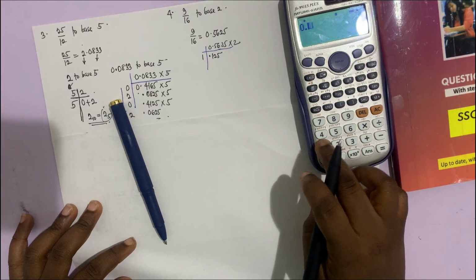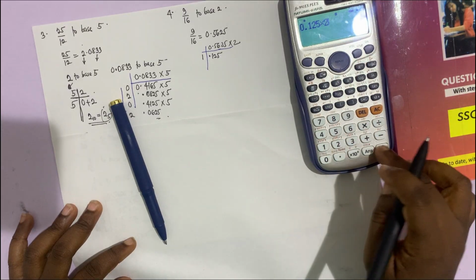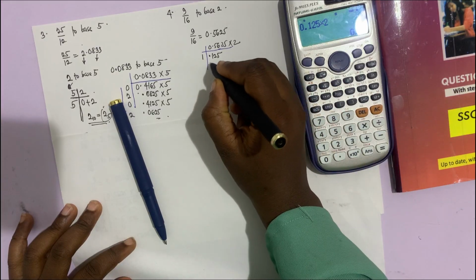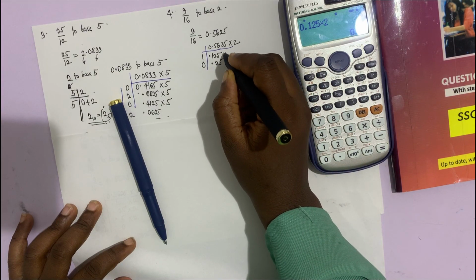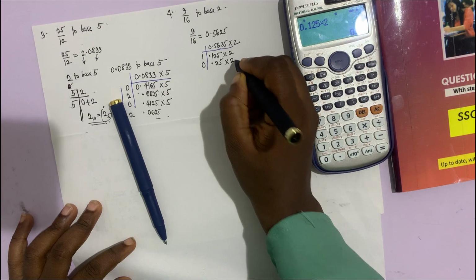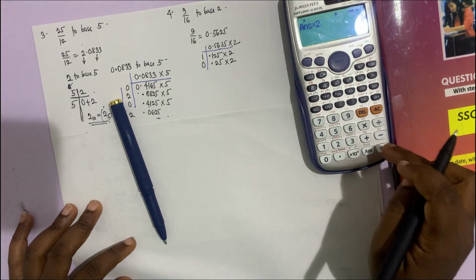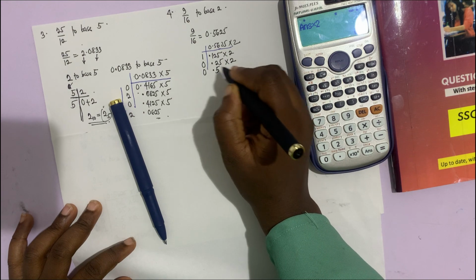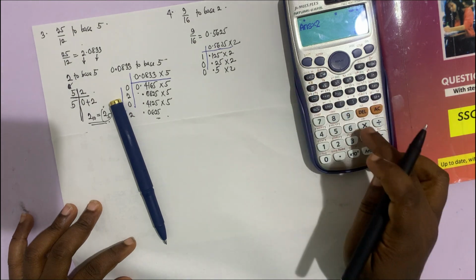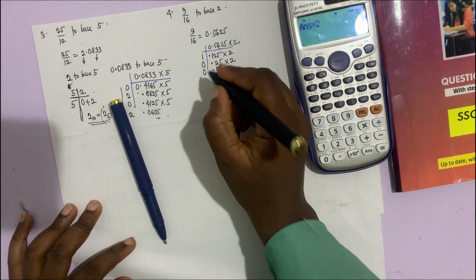So we'll do 0.125 times 2 again. We get 0.25. Then 0.25 times 2 will give us 0.5. Times 2 again will give us 1.